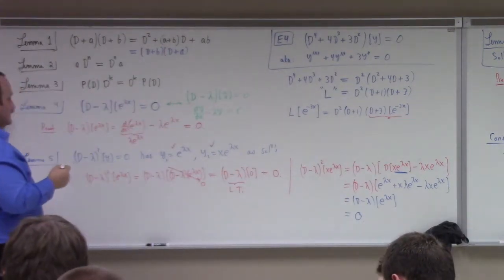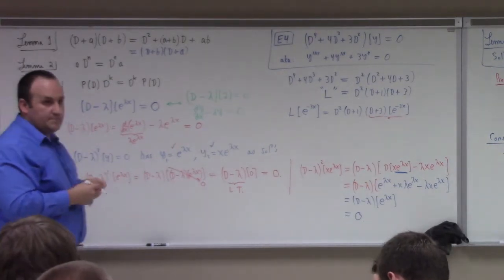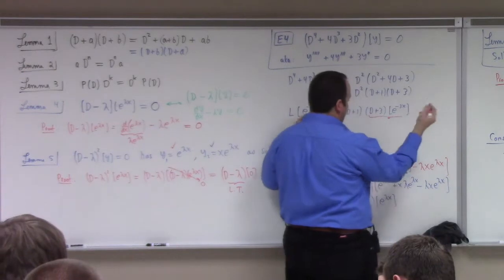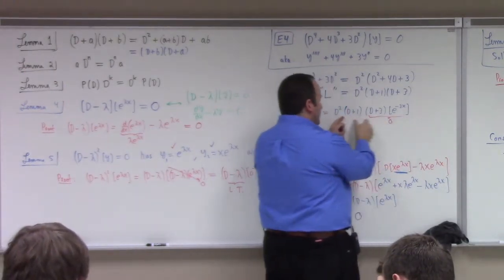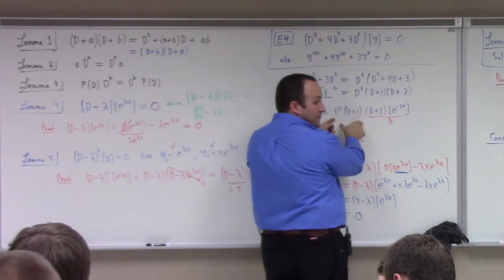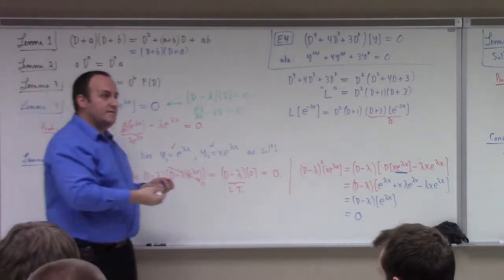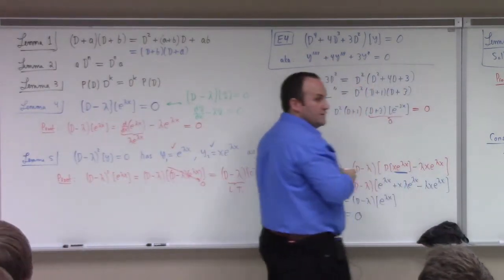Lemma 4, with lambda equal to minus 3. So that's 0. Then we're feeding 0 into a composition of linear operators, which is a linear operator which sends 0 to 0. Or you can calculate it if you really must. Anyway, the point is 0.